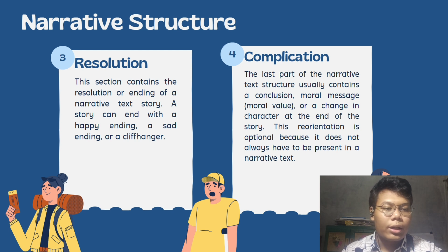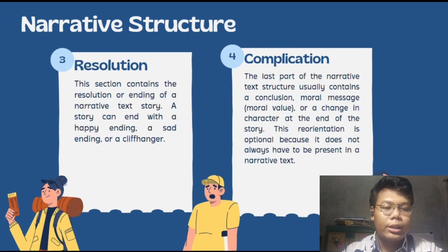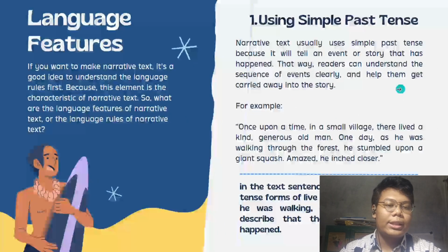And then the last one is the conclusion. The last part of narrative text structure usually contains a conclusion, a moral message or value, or a change in a character at the end of the story. This orientation is not a must in the narrative text. It is optional because it does not always have to be present in a narrative text.